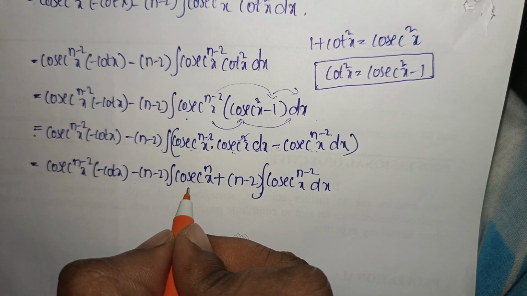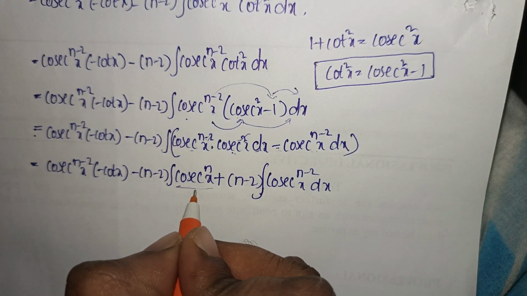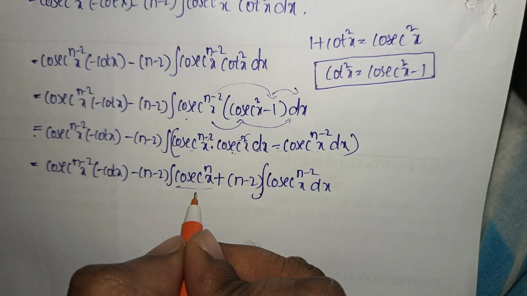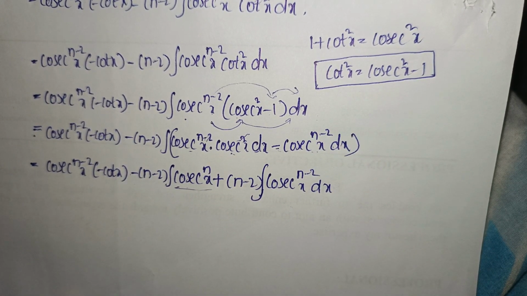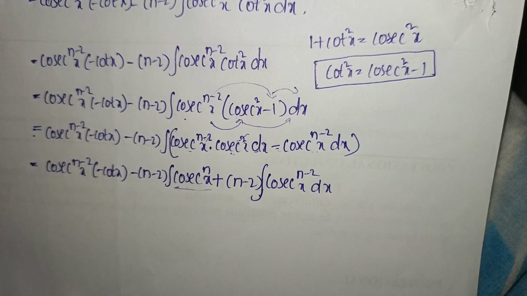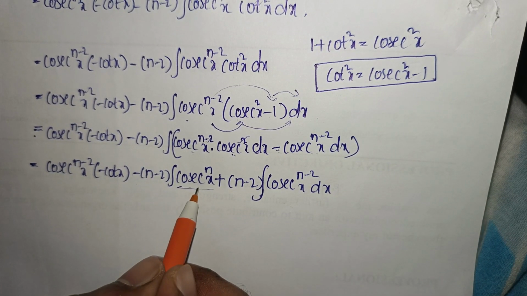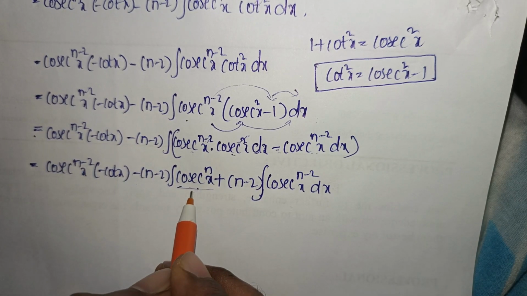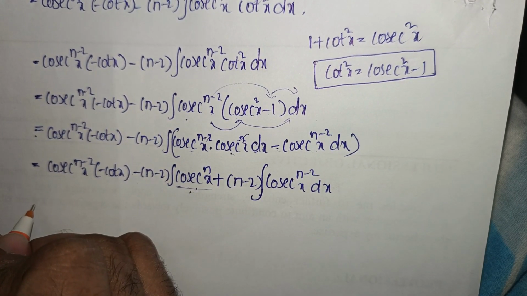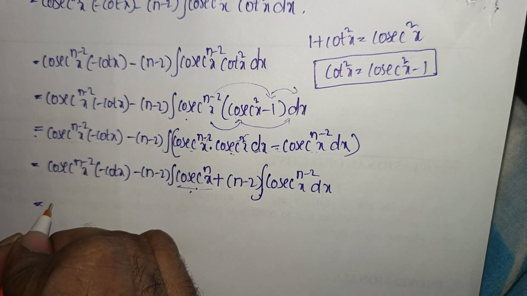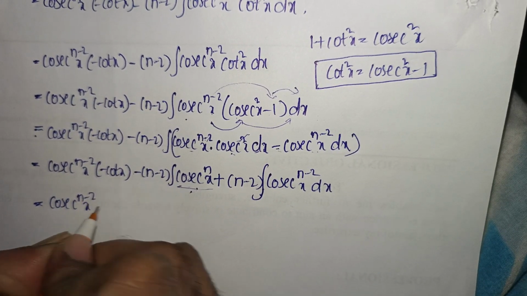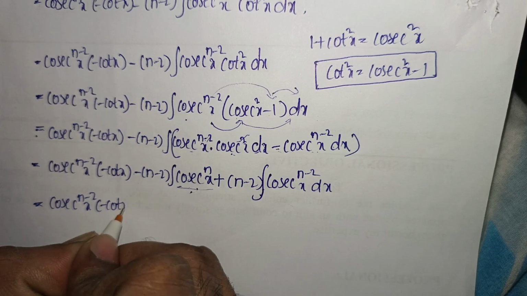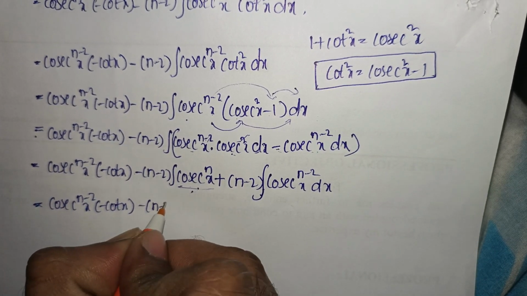If you notice, this is nothing but I n, so we should not get I n in the evaluation because we are finding the value of I n. So how can we solve if we have I n on the right side of the equation? We have to bring this to the left hand side. So first of all, let us note it down. Cosecant n minus 2 x minus cot x minus of n minus 2.